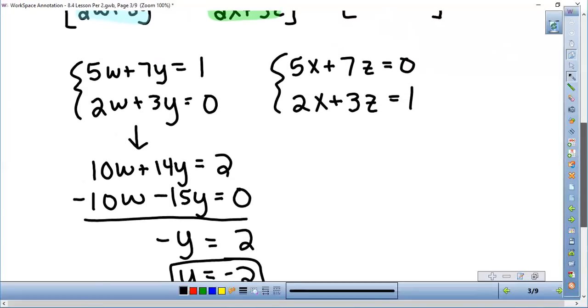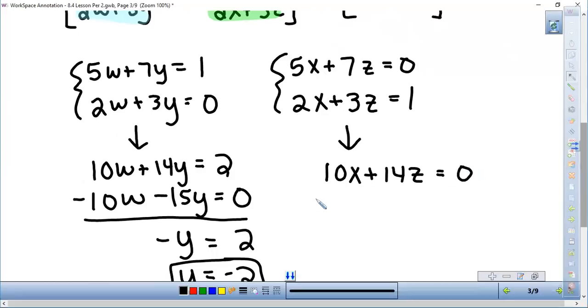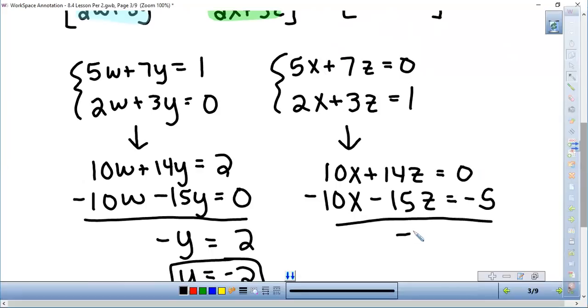All right, let's go back over to this one and notice how these two equations are both using x and z. So we can solve these together. Let's do a similar process to think about eliminating. Let's multiply the top equation by 2. And let's multiply everything in the bottom equation by -5. All right, so we end up getting that -z is -5.